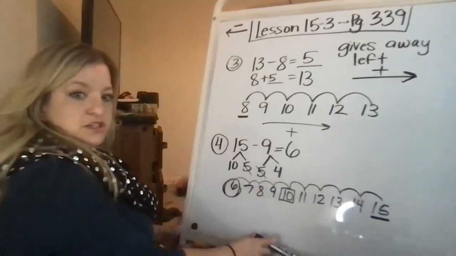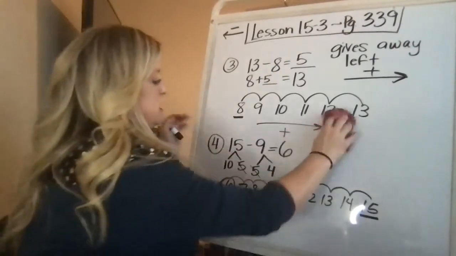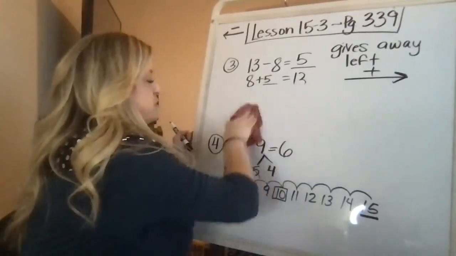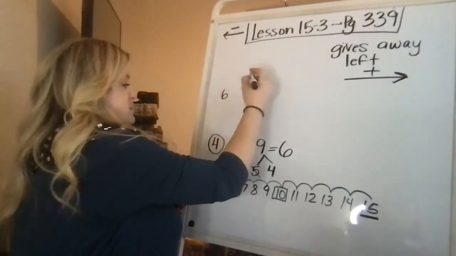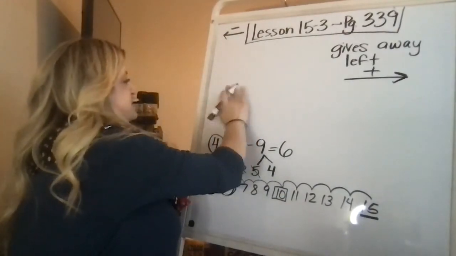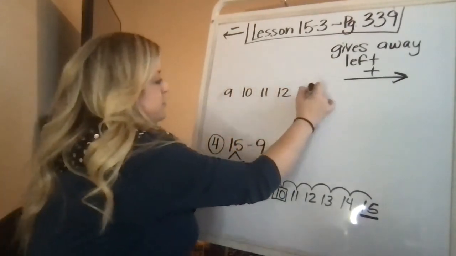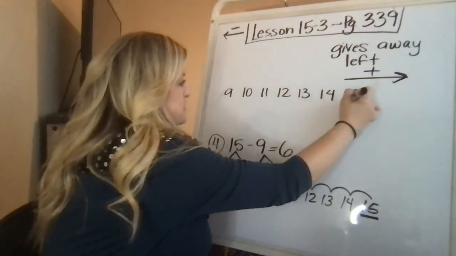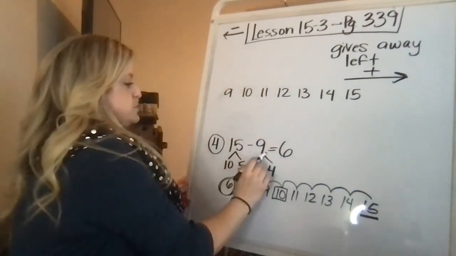But if I wanted to do that where I could do addition, I'll show you what that looks like because that's what they've been working on here as well. I'm going to start at 9, 10, 11, 12, 13, 14, and 15. So I'm going to turn this into an addition equation.